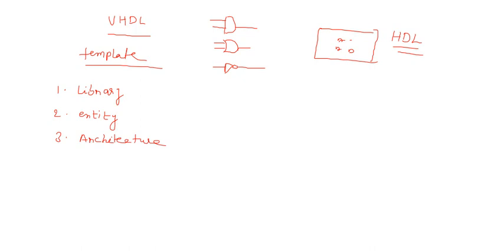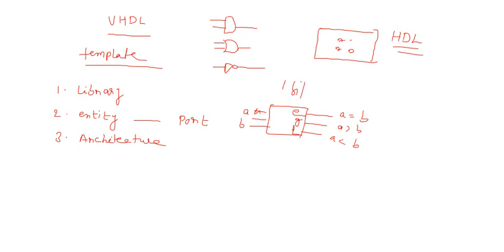Entity mainly deals with port elements. Suppose we take the example of a comparator circuit. It consists of a comparison of two variables A and B, and one output where A is equal to B, another output A greater than B, and another output A less than B. So in this particular 1-bit comparator circuit, there are 2 inputs and 3 outputs.